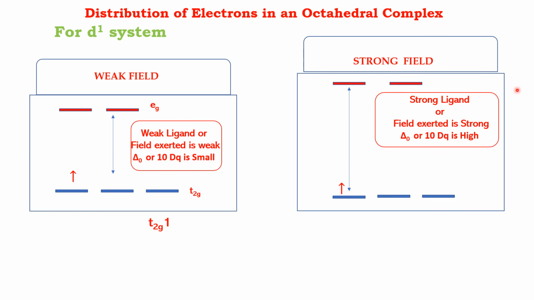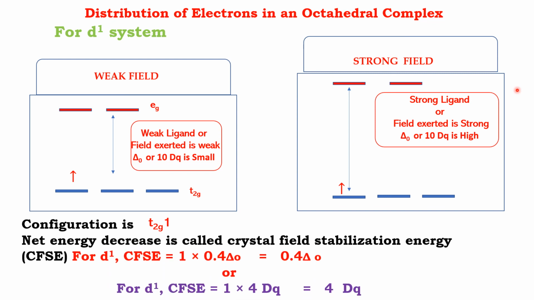Hence, I could say the configuration of a d1 system is t2g1, and the crystal field stabilization energy is 1 into the energy of the t2g level, which is 0.4 Dq or 4 Dq.